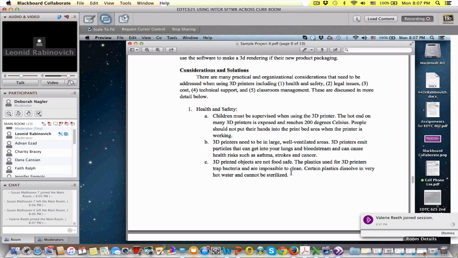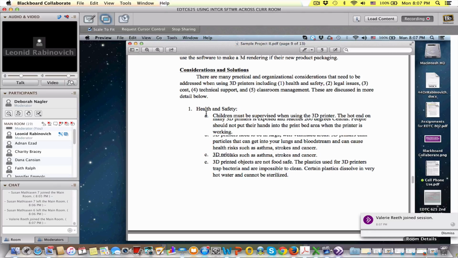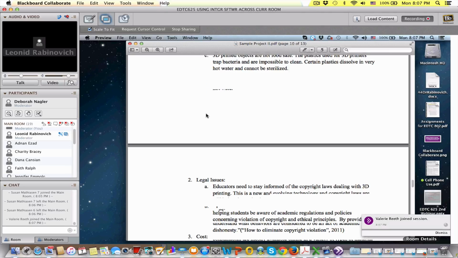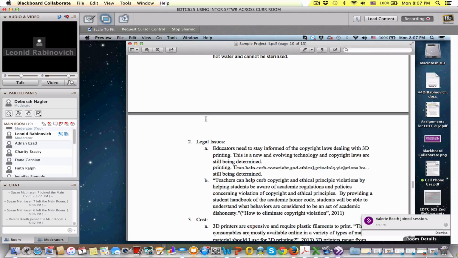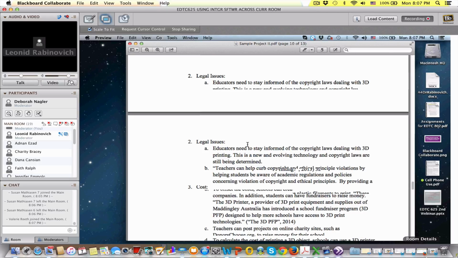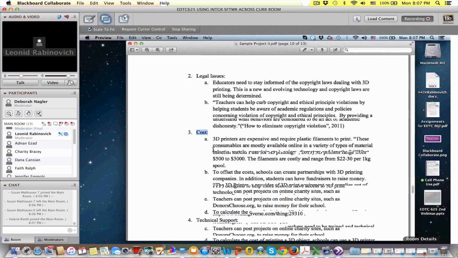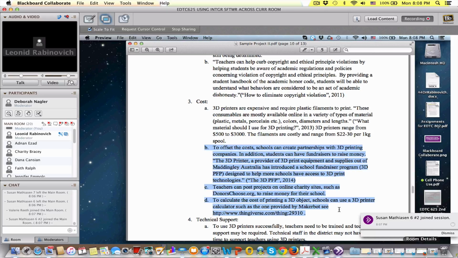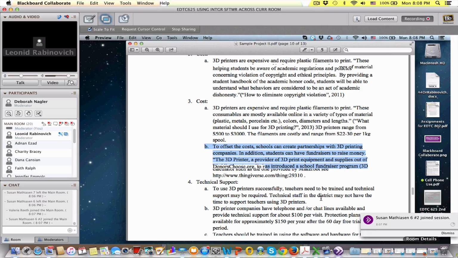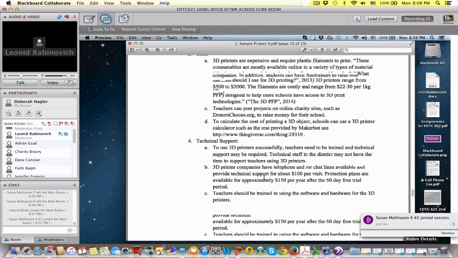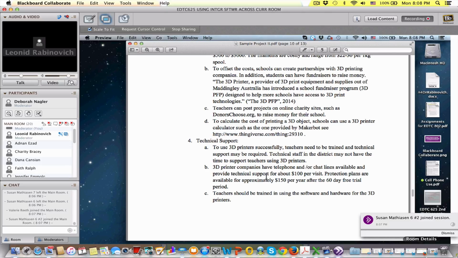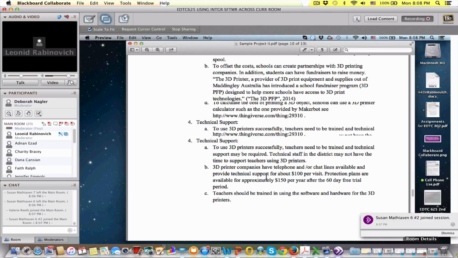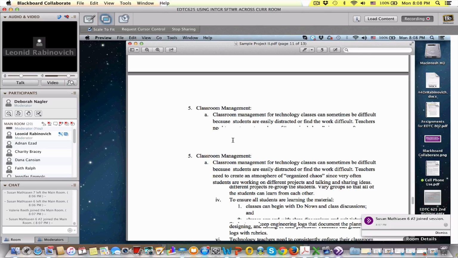For example, they point out health and safety concerns, some legal issues, cost, and practical solutions to offset the cost, and so on and so forth, and technical support. So I think it's a very good project, and you could use it as a sample to write your assignment number 2. Classroom management issues.